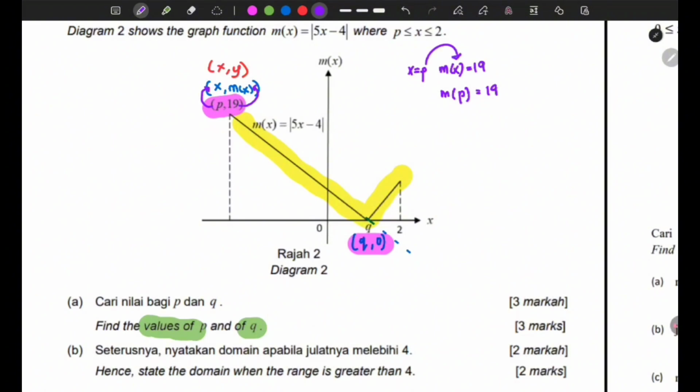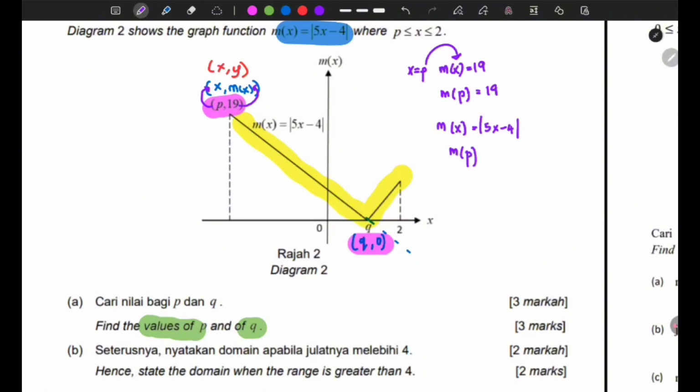And what is the equation that they give us? It's right here. So now your x is p, so substitute everything with p. Your m(x) is |5x minus 4|, now it is m(p). Your x is p, isn't it?